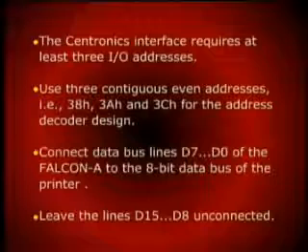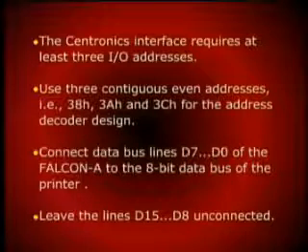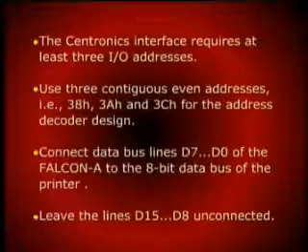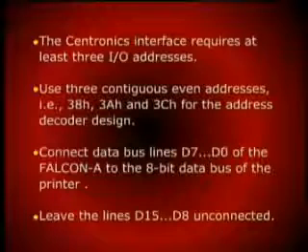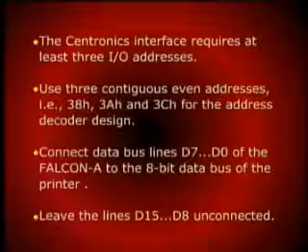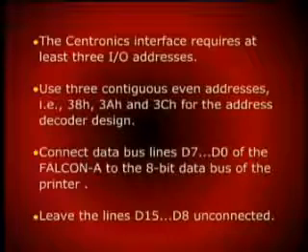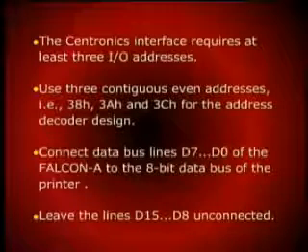However, since the Falcon A has a 16-bit data bus, and since we do not want to implement data bus multiplexing to keep things simple, we will use 3 contiguous even addresses, that is, as I said, in decimal 56 onwards, and in hex this corresponds to 38 hex, 3A hex, and 3C hex for the address decoder design. This arrangement also conforms to the requirements of our assembler.